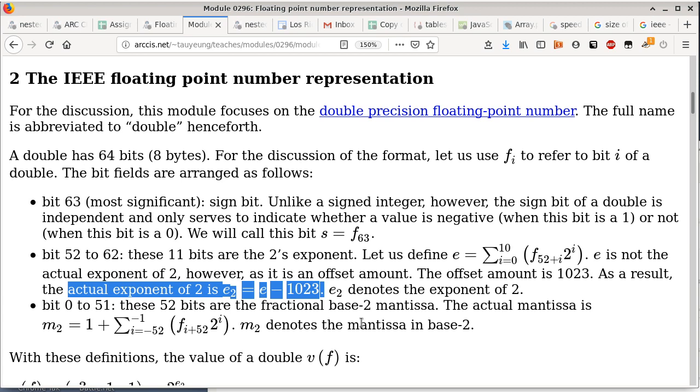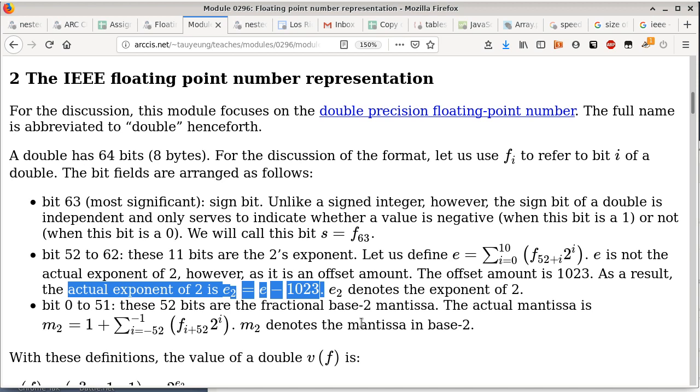If you look at the range of an 11-bit unsigned interpretation, what is the range of e itself as an 11-bit unsigned number? It goes from 0, because if all 11 bits are 0, it's represented with the value of 0. But it goes up to how much? 2 to the power of 11, minus 1.